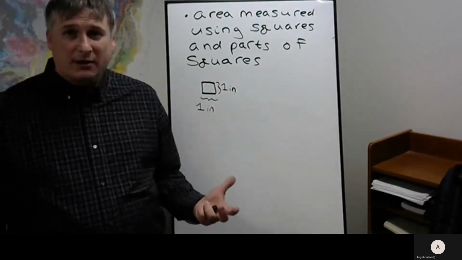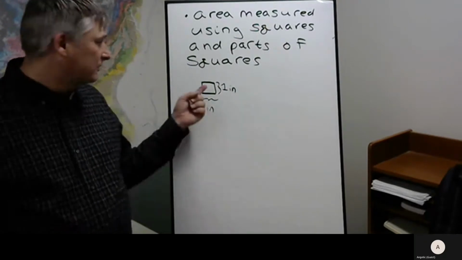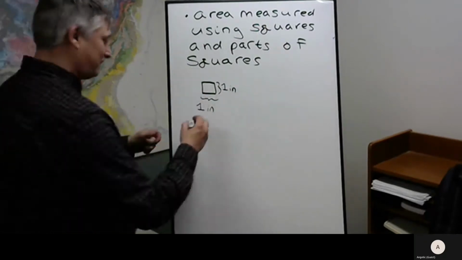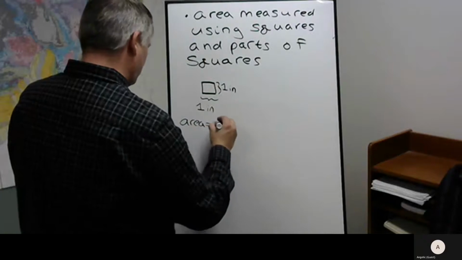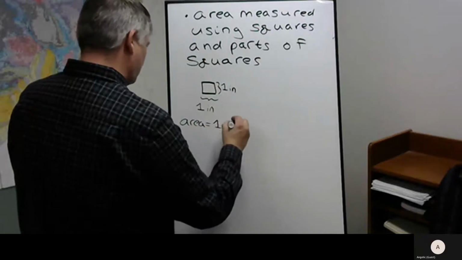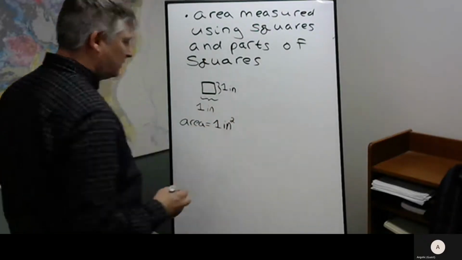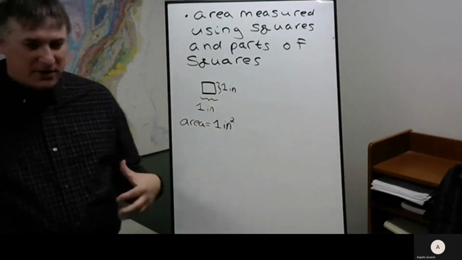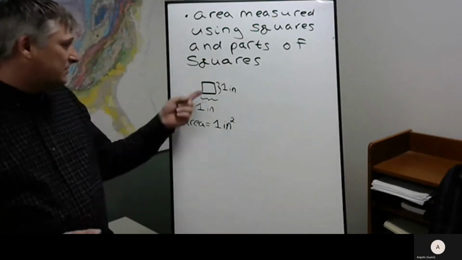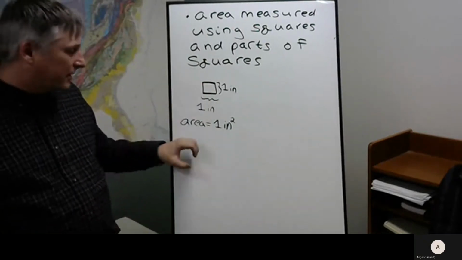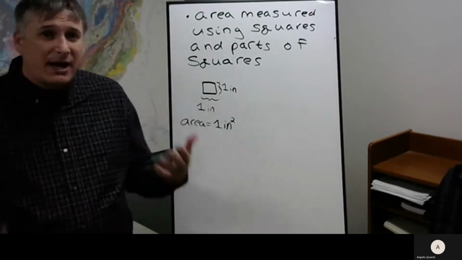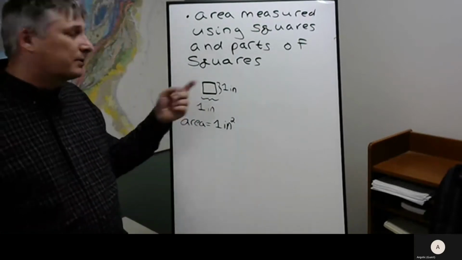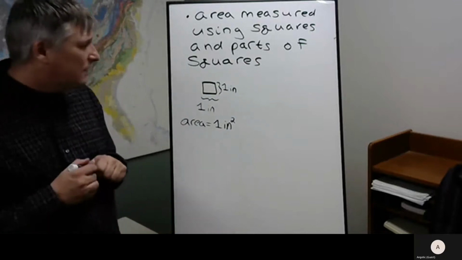So we could measure an area using square inches. If we want to say measure the area of a desk, we would just take copies of the square and put them all over the desk until they completely cover the desk. And then the area of the desk is just the number of the squares.